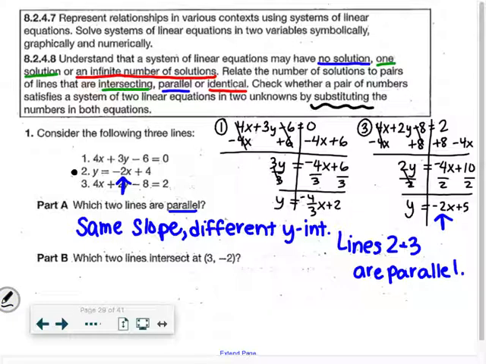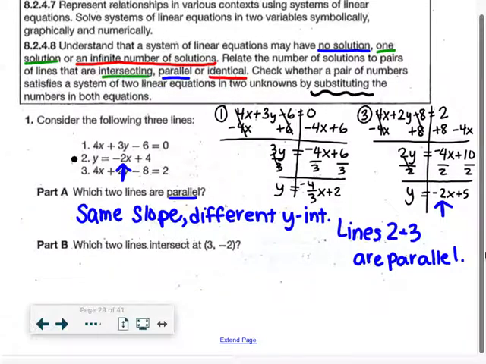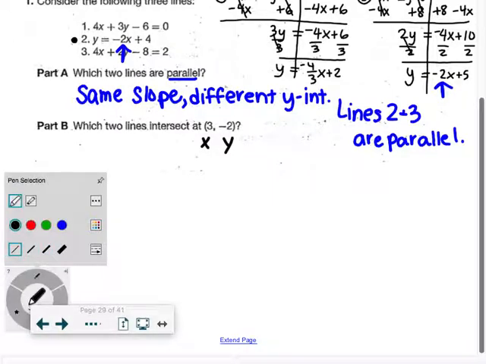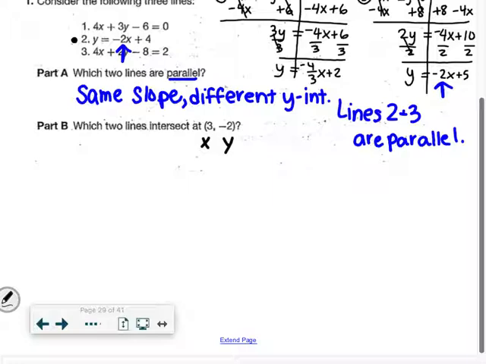Okay. Now, for part B, we have to figure out which lines intersect at 3, negative 2. So that means substituting 3 for x and negative 2 for y has to be true in your equations. So I'm going to plug that ordered pair in each of the equations from the very beginning. So first of all, line number 1, and we're going to figure out if it's true.